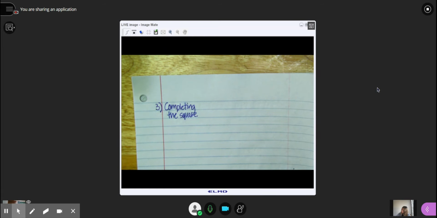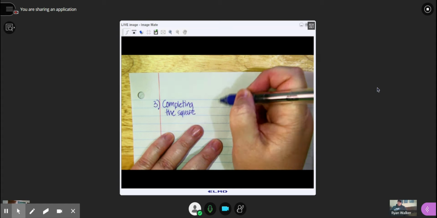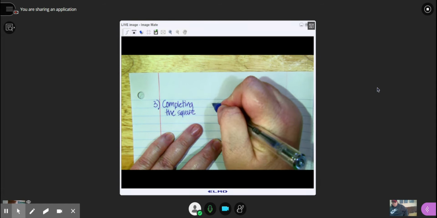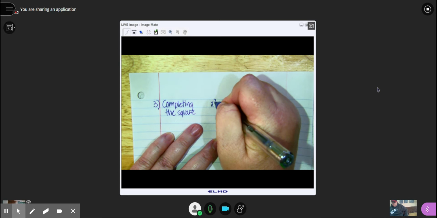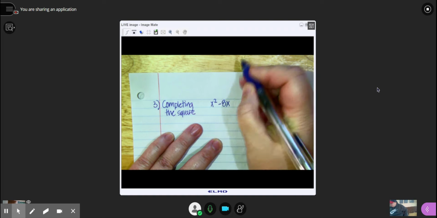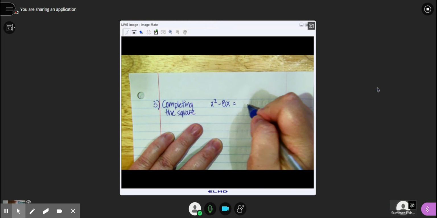Third type is completing the square. This is what we did last week, Thursday. Completing the square looks something like, let's go through the whole thing. Let's do an x squared minus 8x is equal to, what do I want?